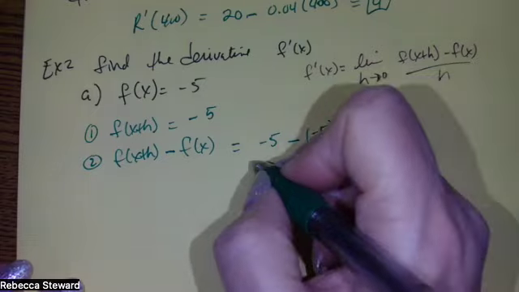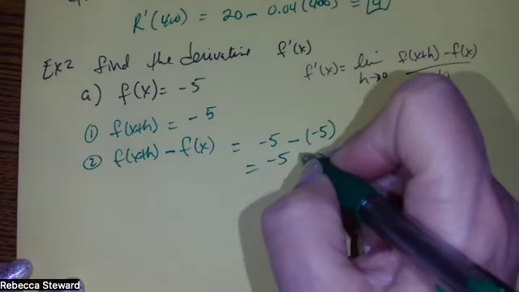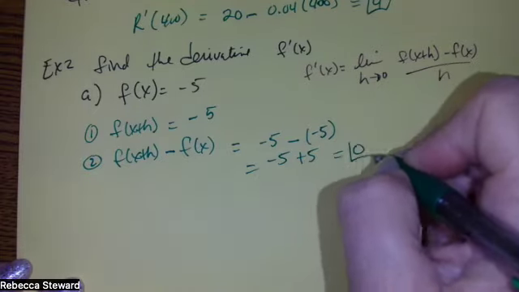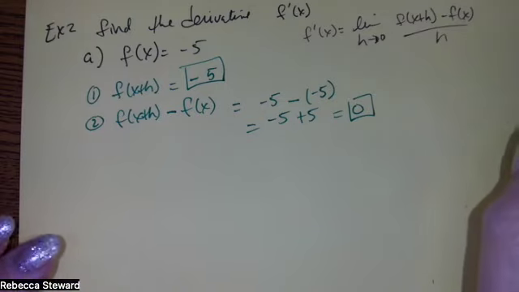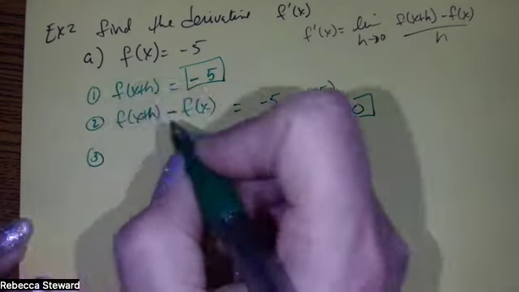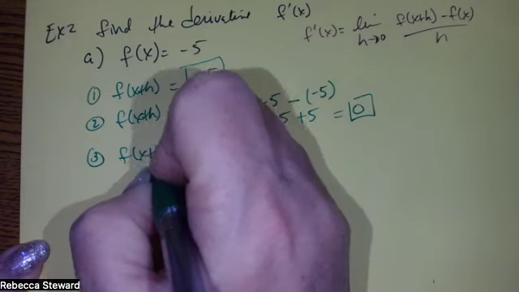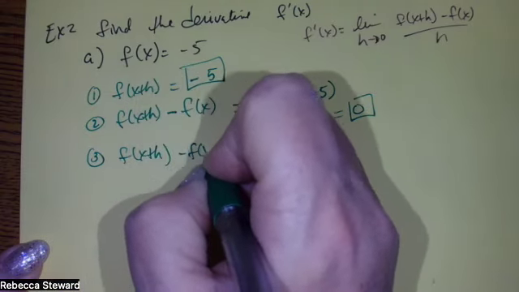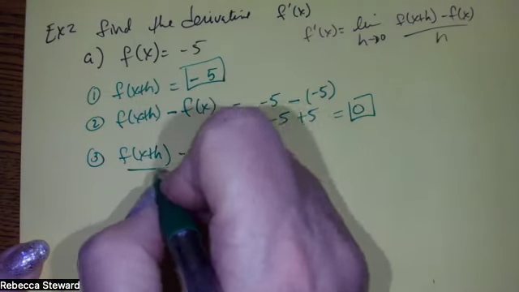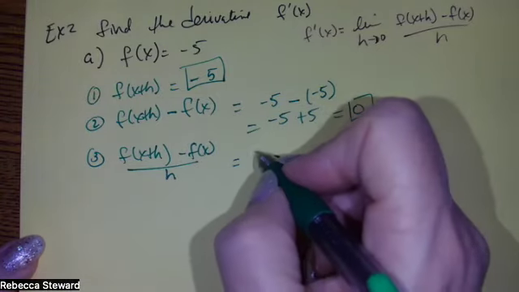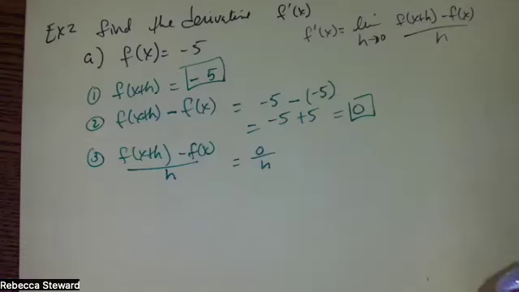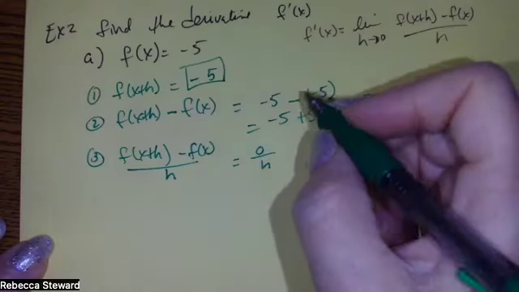Simplify this, and we end up with -5 plus 5, which equals 0. And then step 3, we have f of x plus h minus f of x all over h. This will get us 0 over h, and 0 divided by anything, no matter what that value is, is still going to be 0.